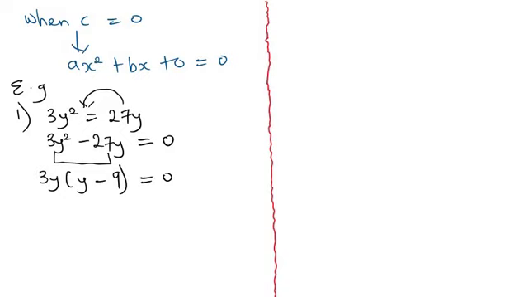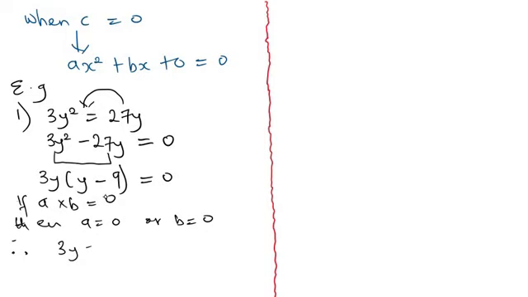So remember, in mathematics, a bracket means multiplication. So this means 3y times y minus 9. Now, if a times b equal to 0, then a is equal to 0 or b is equal to 0. So therefore, my equation becomes 3y equal to 0 or y minus 9 equal to 0.